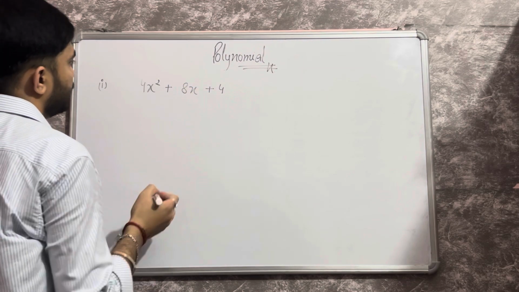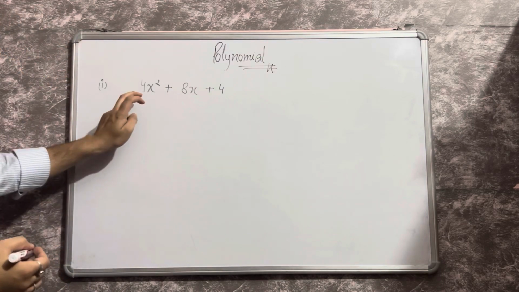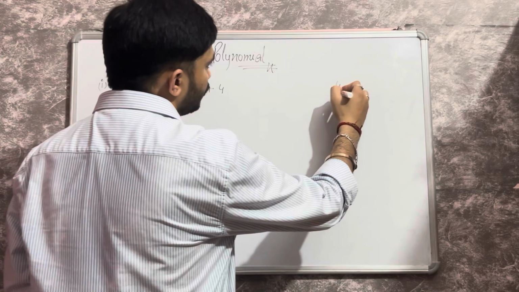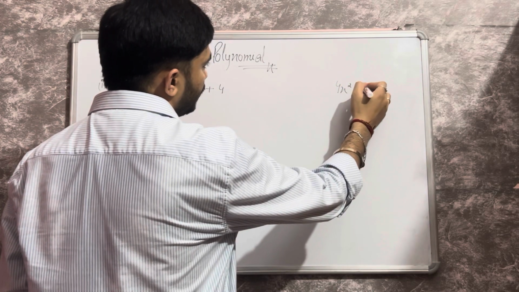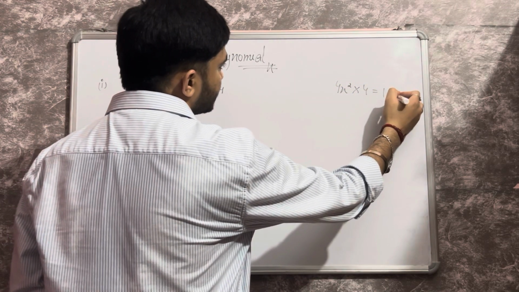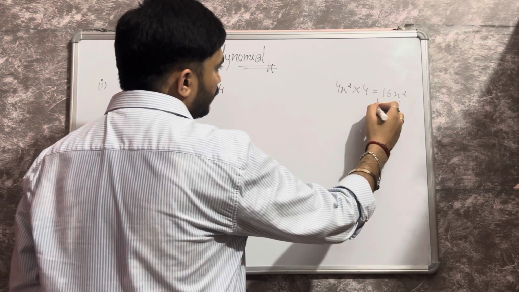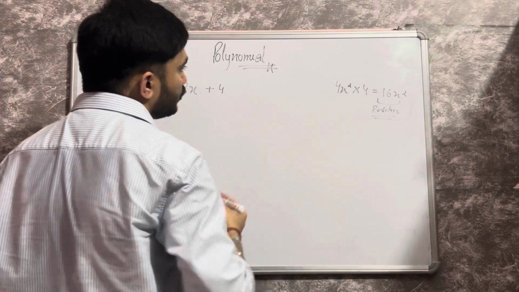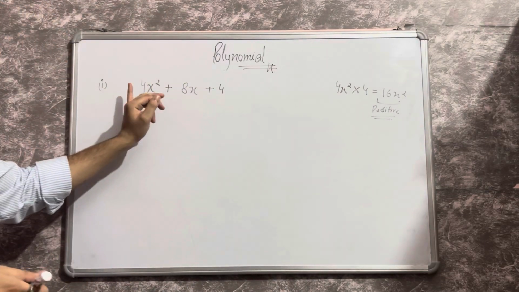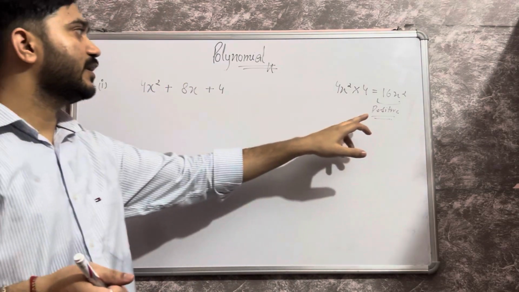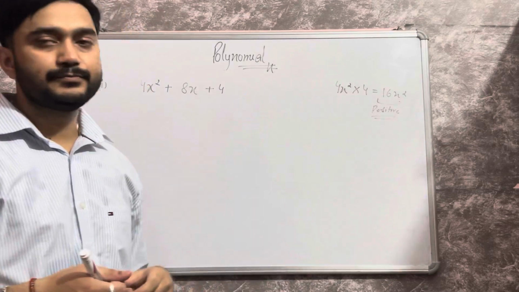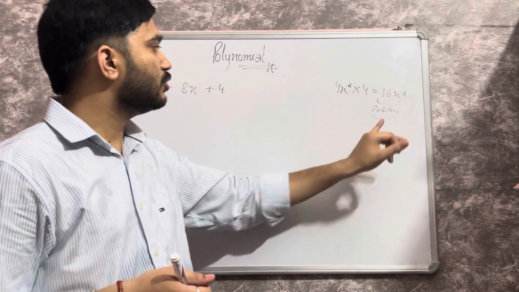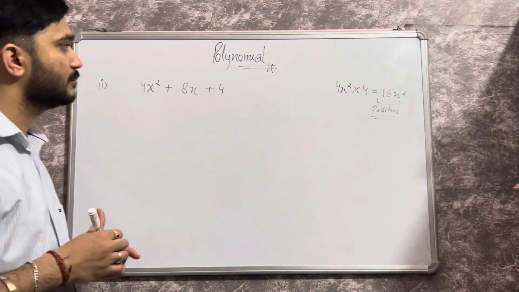So we are going to multiply the first and the last term first. That is, 4x square into 4, you will get 16x square. Positive. We are doing the case in which after multiplying the first term and last term, you will get a positive answer. We are going to do when this answer will be negative also in the third or fourth part.